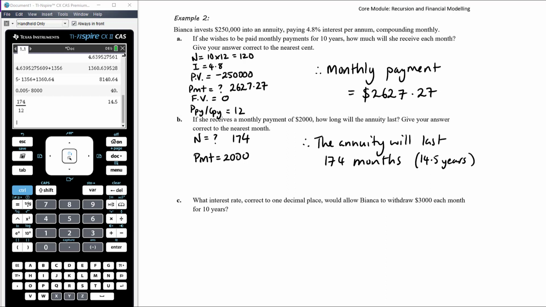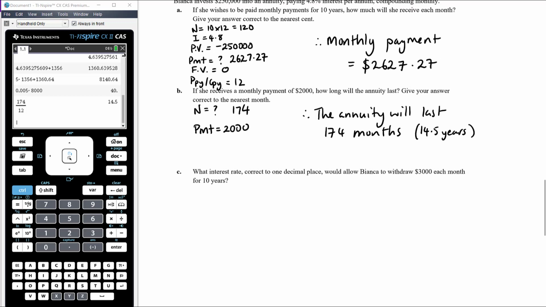Okay, part C: what interest rate, correct to one decimal place, would allow Bianca to withdraw $3,000 each month for 10 years? Okay, so we know at an interest rate of 4.8, she can withdraw 2,600-ish per month for 10 years. So obviously we're going to need an interest rate higher than 4.8 so that she can withdraw $3,000 every month. Okay, so again, N is going to be 120. Our interest rate is now what we don't know.